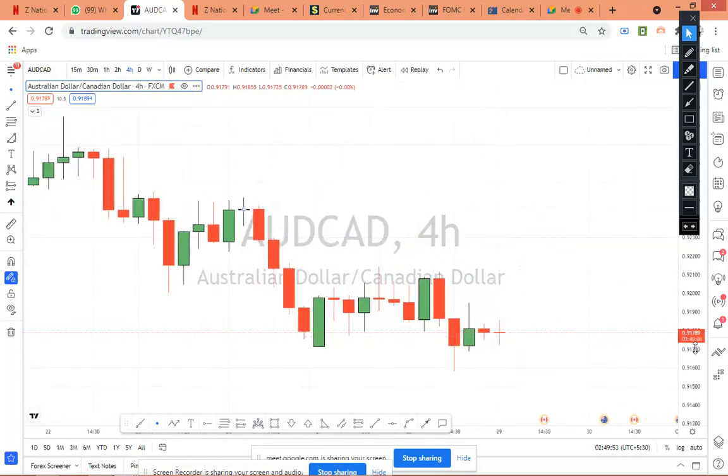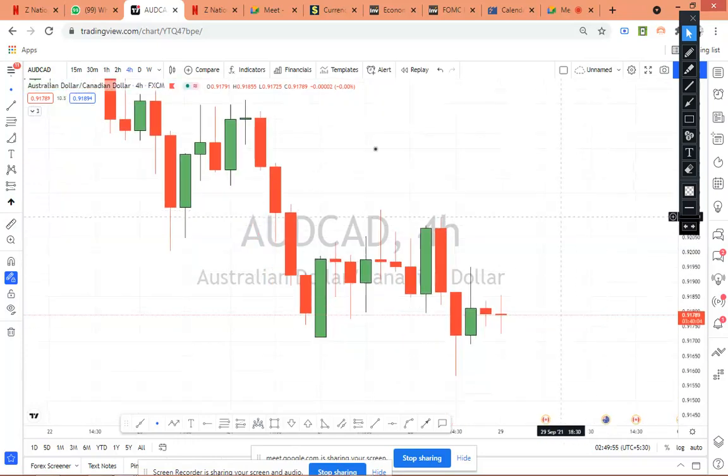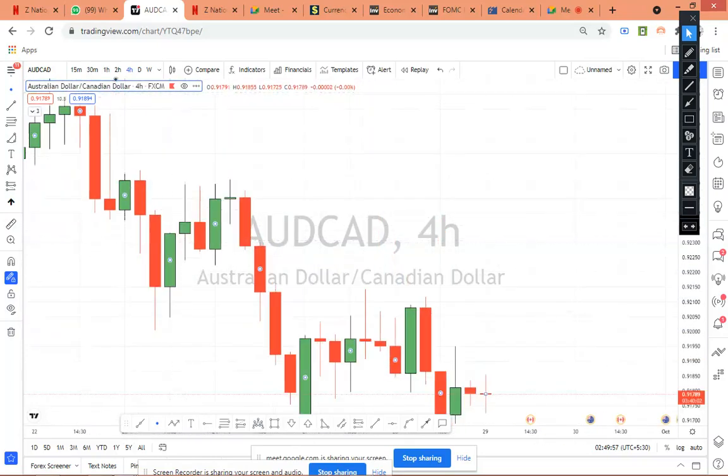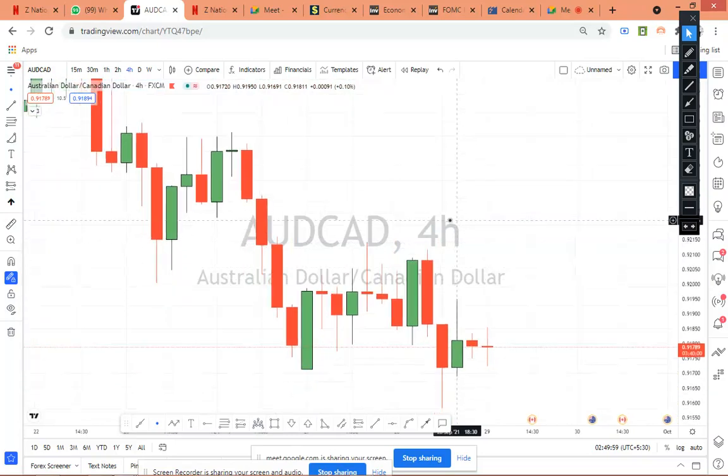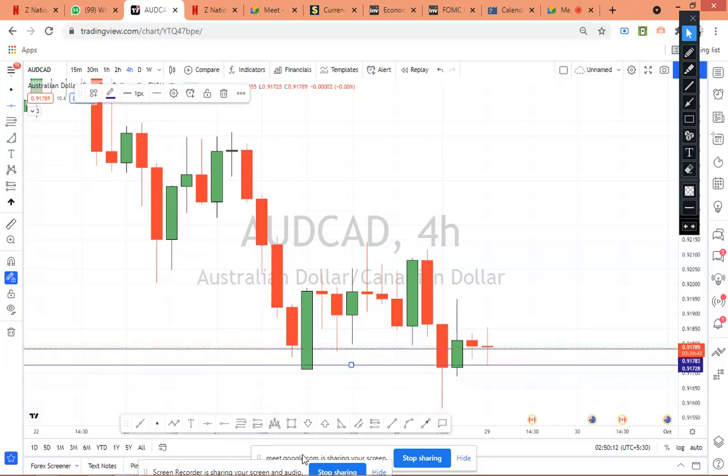Okay, look at this trade here. This is the 4 hour chart. The market created a support. This is a support zone.